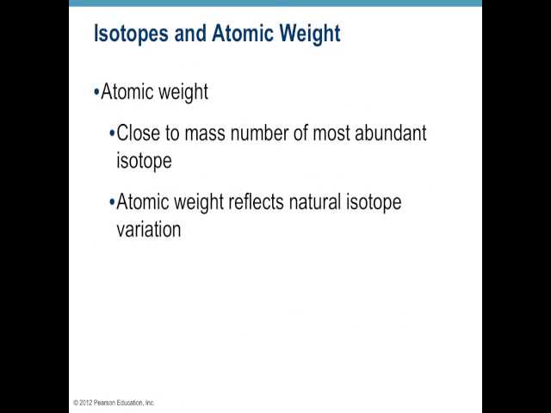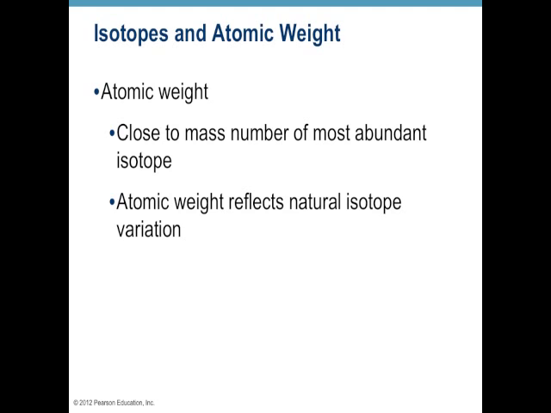Now, atomic weight. We already talked about this. This is affected when we're dealing directly with isotopes. Now, if you want to look over on page 31, I believe, is where we are. No, we're on page 30 still. Second column, second paragraph.